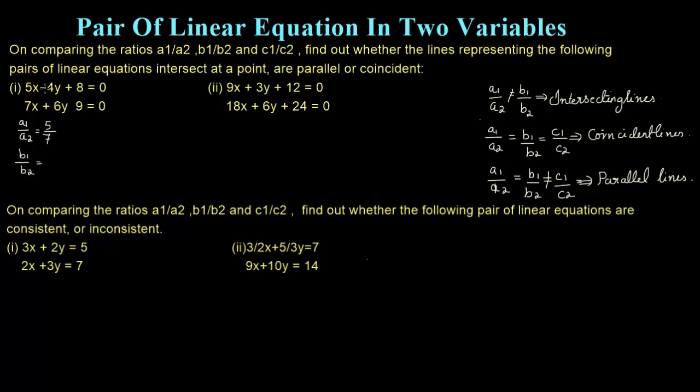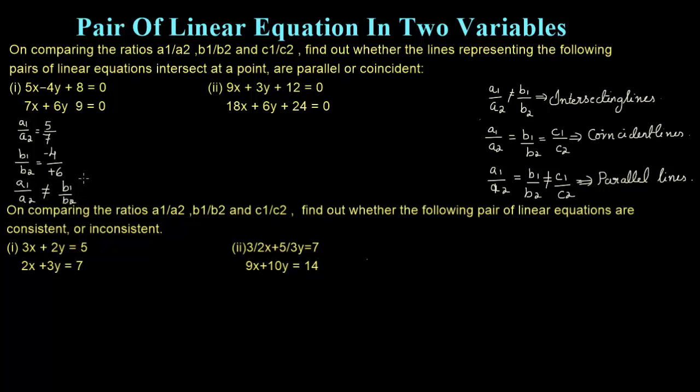Here you can observe minus 4 divided by plus 6. Right? Without proceeding further, you can observe that a1 by a2 and b1 by b2 are different because 5 by 7 is not equals to minus 4 by 6. So you can write the conclusion: a1 by a2 is not equals to b1 by b2.